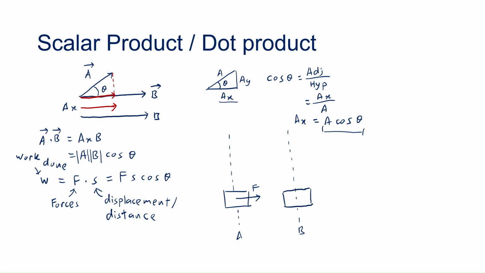But what if we apply some force that has an angle to the horizontal? And by the way, this is distance s, right? If you apply a force here, you can see the box or the object here will end up somewhere here.